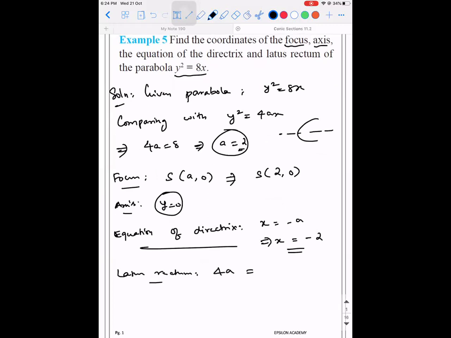Latus rectum is 4a, just now we derived. It is 8. Just the coefficient of x will be the answer. So did you understand? These are the types of questions that will come. Right? Make a note of this.